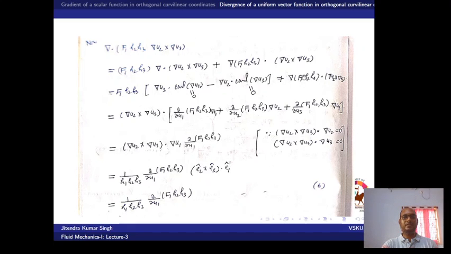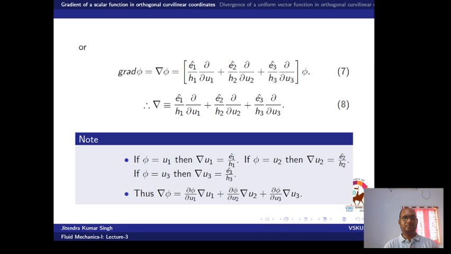Now this is the multiplication of three functions, and this is grad of f1 h2 h3. Since f1 h2 h3 is a scalar function, it is grad of phi. We shall use the formula we just derived: grad of phi is equal to dou phi by dou u1 grad u1 plus dou phi by dou u2 grad u2 plus dou phi by dou u3 grad u3.